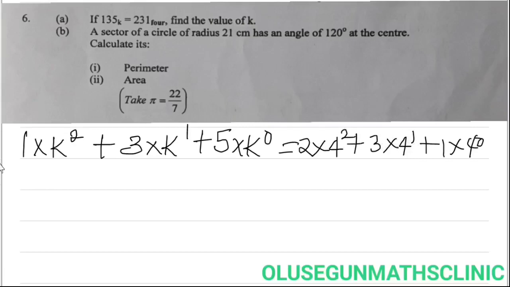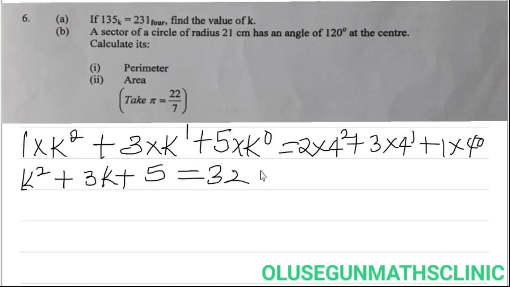So we have k squared plus 3k plus 5 is equal to 32 plus 12 plus 1.